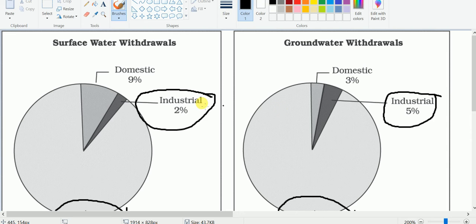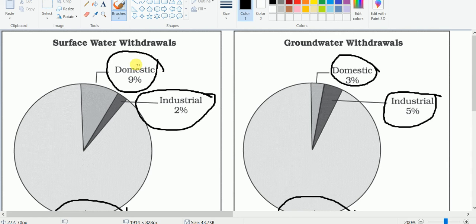And for domestic uses, as we found in the textbook, it is 9% from surface water withdrawal, while it is only 3% from groundwater withdrawals.